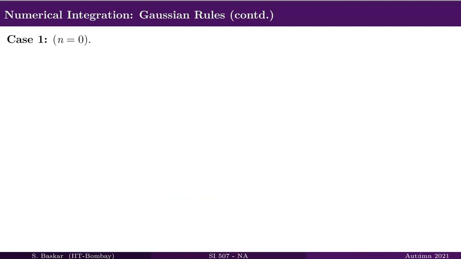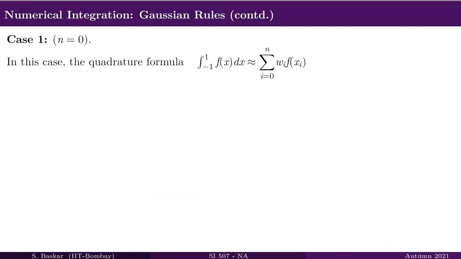For instance, let us choose n equal to 0 and see how the quadrature rule for n equal to 0 will look. Now, once you have n equal to 0, remember, this is the general form of the quadrature rule that we always take. And now, since we have taken n equal to 0, this will be simply w naught f of x naught.